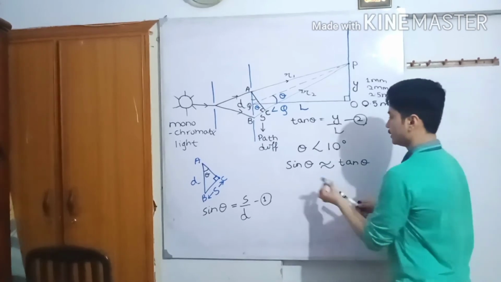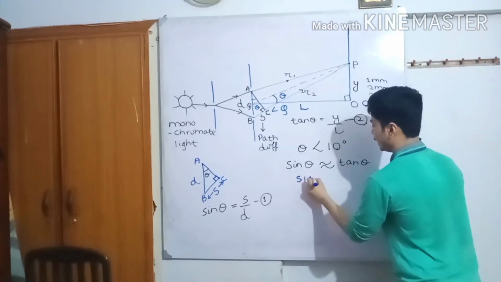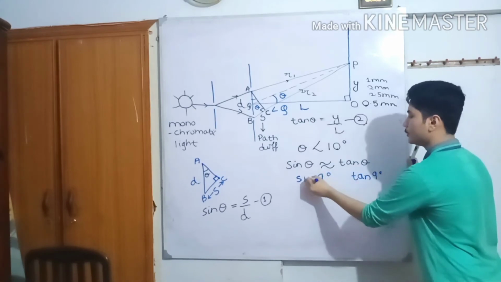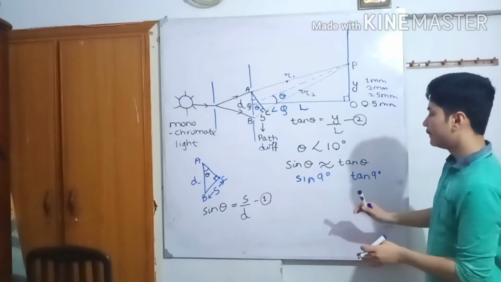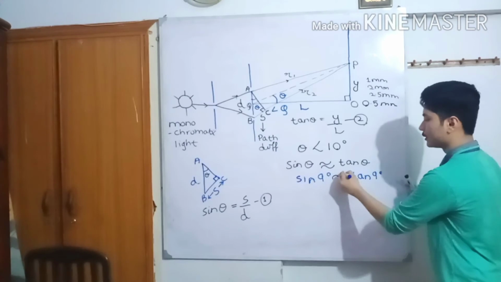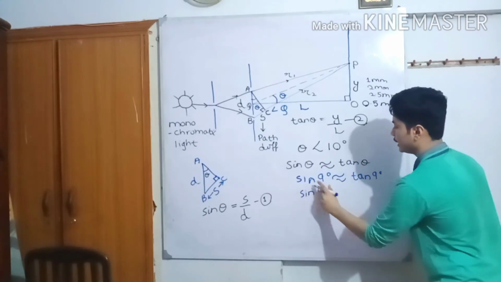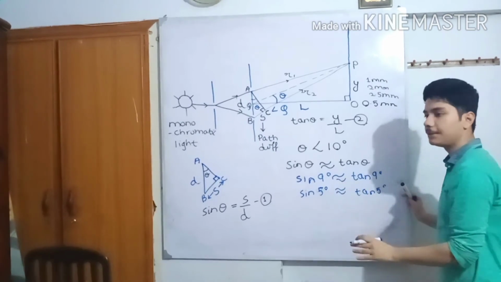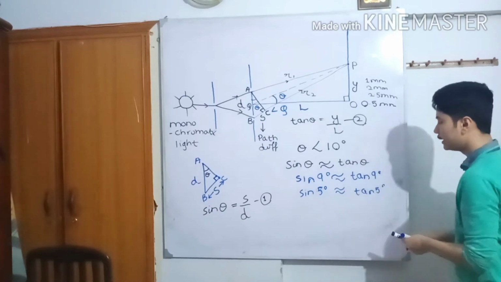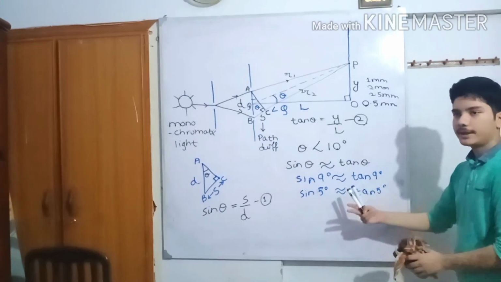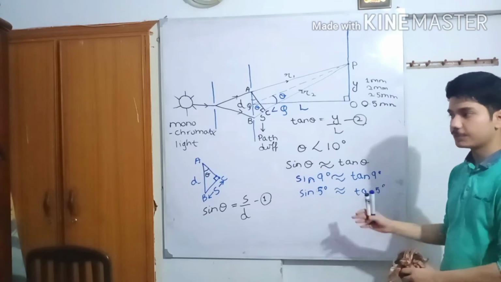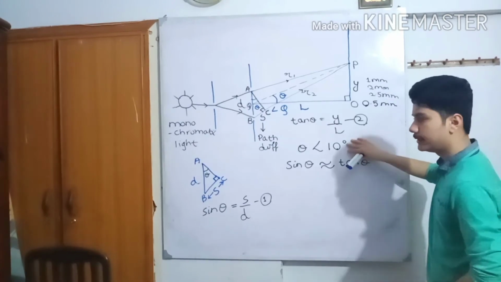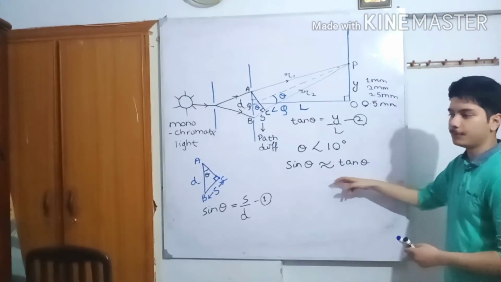If you take the value of sine 9 degrees and tangent 9 degrees, they're not totally equal, but they're approximately equal. If you take sine 5 degrees and tangent 5 degrees, they are almost equal. Try it on the calculator, I'm giving you some tasks to perform yourself. So when the angle is less than 10 degrees, sine theta is approximately equal to tangent theta.